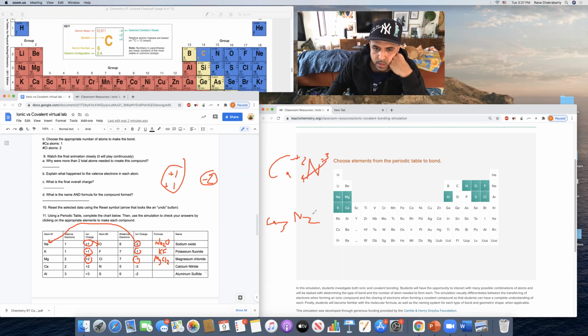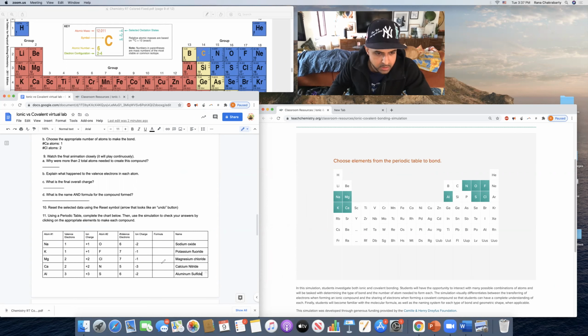Let's see. 3 calciums equals +6, and 2 nitrogens equals -6. That does balance out. So the formula for this is Ca3N2.